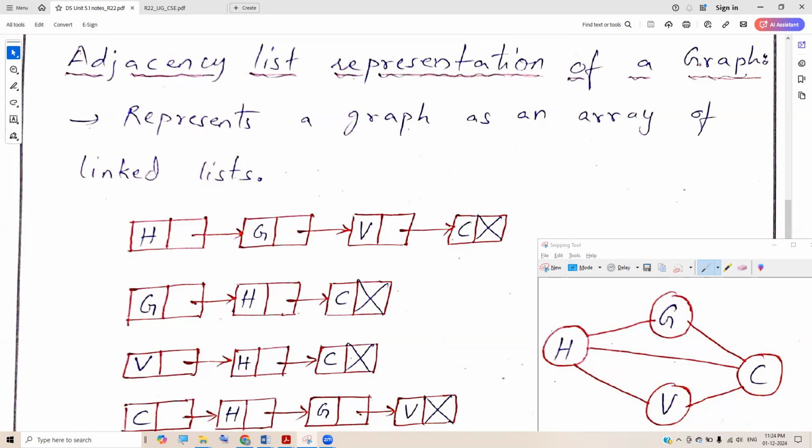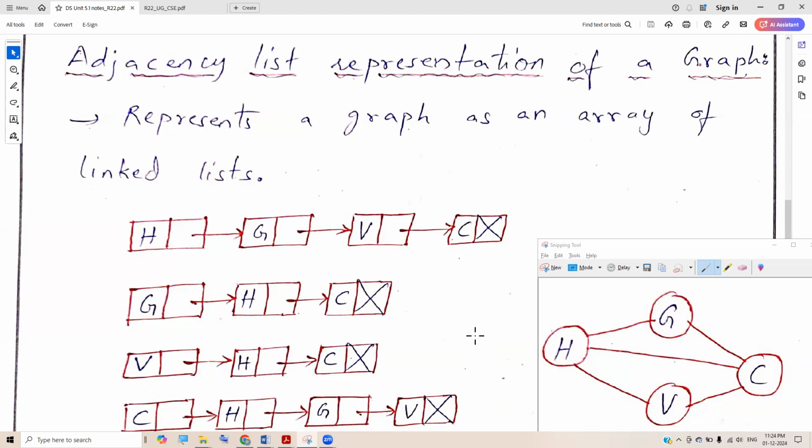So how are we getting 14? 4 plus 2 into 5 is giving us the value 14. What is 4? 4 is the number of vertices. What is 5? 5 edges.